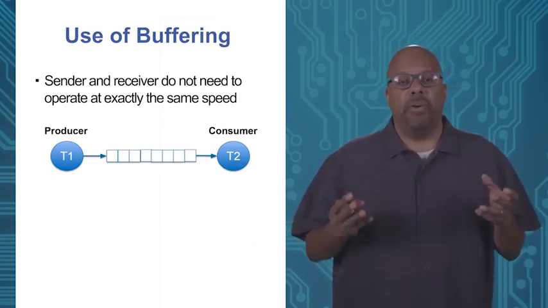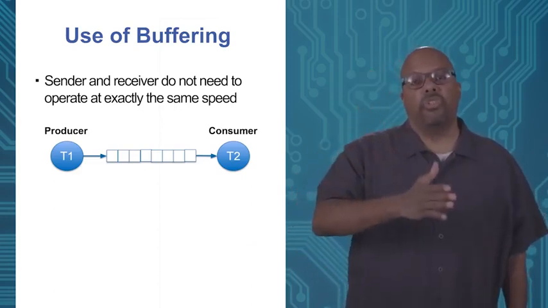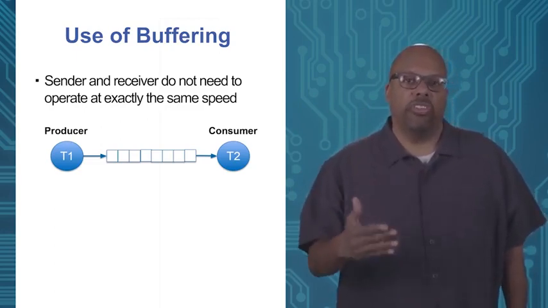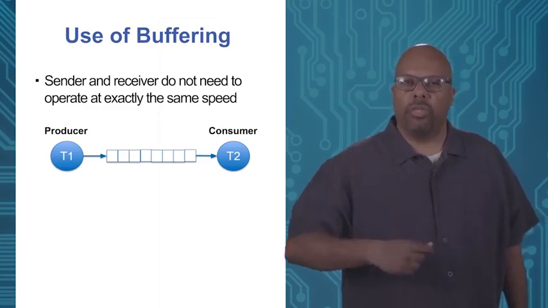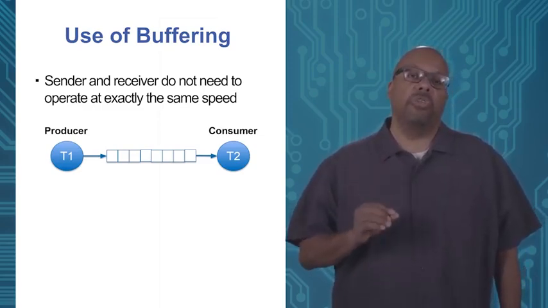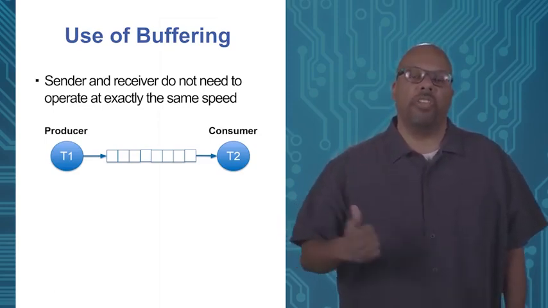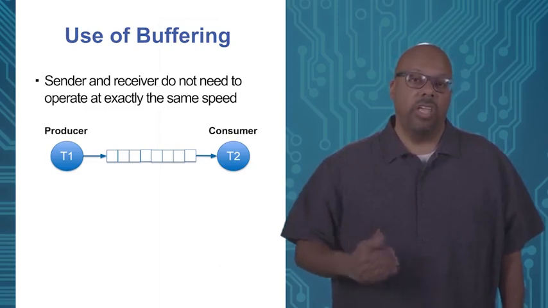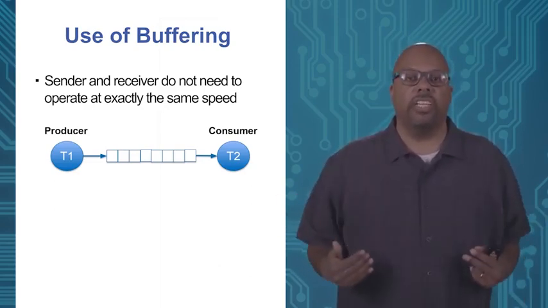Now, a buffer is useful in this situation because sometimes the producer is a little faster to produce its data. Maybe the consumer is consuming at a certain rate, but the producer is a little faster at producing. If you had no buffer, the producer would have to block. If it tries to produce something before the consumer is ready to receive it, then the producer blocks until the consumer reaches its receive, and then they can continue.